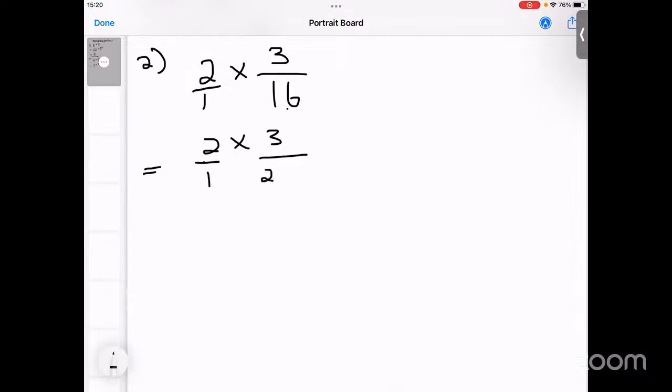You can say 16 is the same as 2 times 8, isn't it? And where that will cancel with that, remember, that 2 there is the same as you having 1. That 1 multiplying with that 3 is the same as that 3. And then 1 multiplying that 8 is the same as 8. And that should be the end of it.